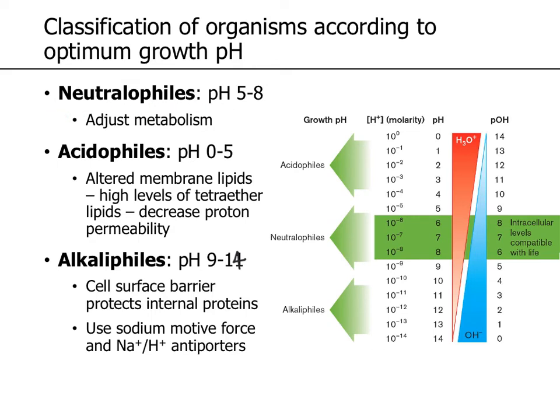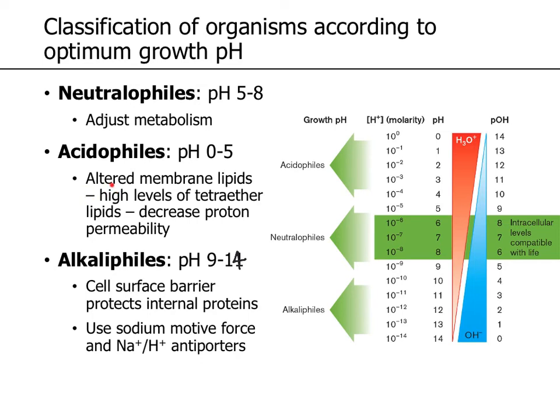So the neutralophiles are the neutral-ish pHs. The acidophiles are growing in more acidic conditions. The alkaliphiles are growing in more basic conditions. But there are all these different strategies that they use. In the case of the neutralophiles, they know what their optimum pH is, but they can adjust the metabolism they're doing, whether they're producing more acidic or more basic compounds, to counteract what's happening in the environment.